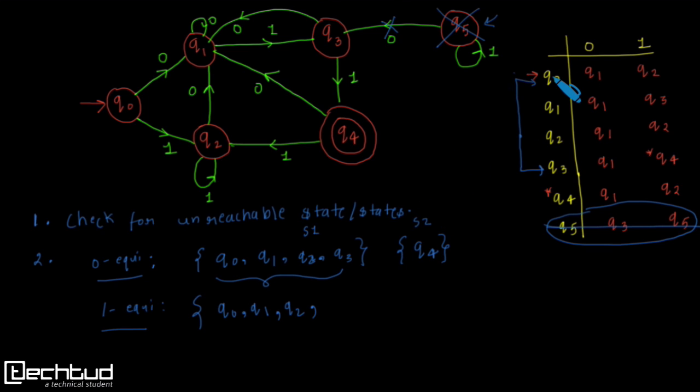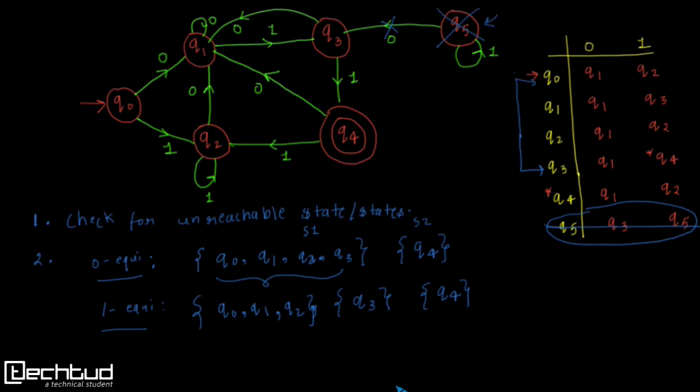Here Q0 and Q3 both are going to the same set S1 on input symbol 0, that is fine, but on input symbol 1 they are going to different sets. In this case, Q0 and Q3 cannot be equivalent states, so we will separate these states. So here only Q0, Q1 and Q2 are one equivalent to each other, and we have to write Q3 in a separate bracket. Since Q4 is only one state, we need not check in this set.